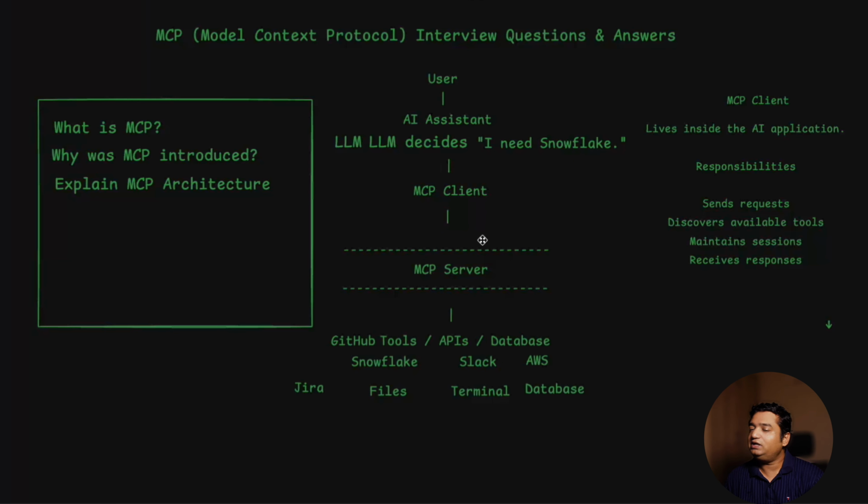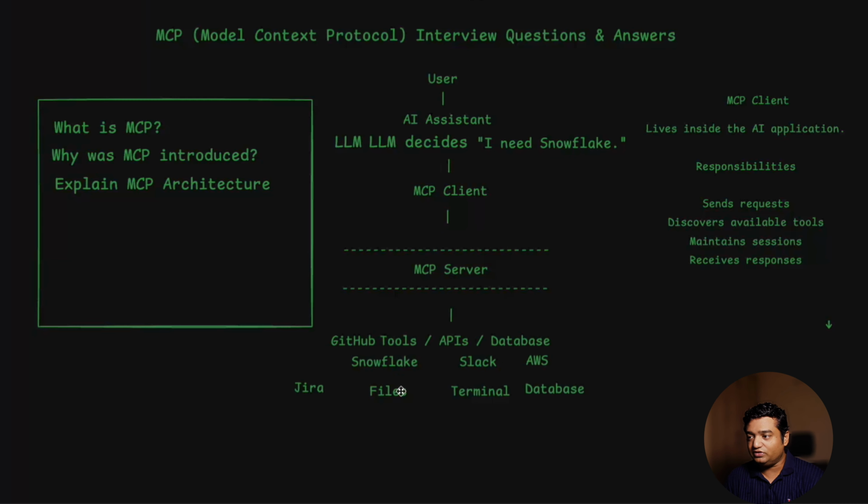So what is the MCP client? You can say that the MCP client is part of your AI application. It can be a tool, your VS Code, or a simple application. Any system which connects to the MCP server can be an MCP client. What is its responsibility? It sends the request to the MCP server. It discovers available tools, so it has the information about what tools the MCP server has.